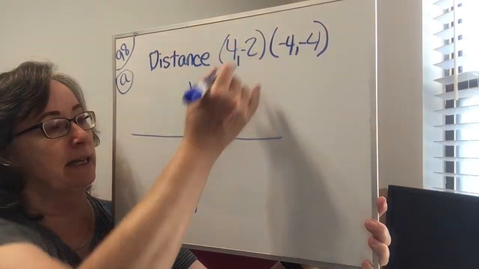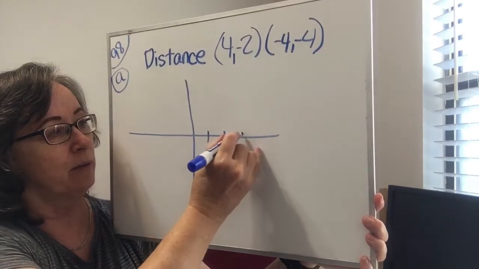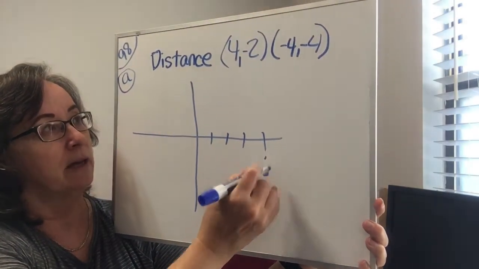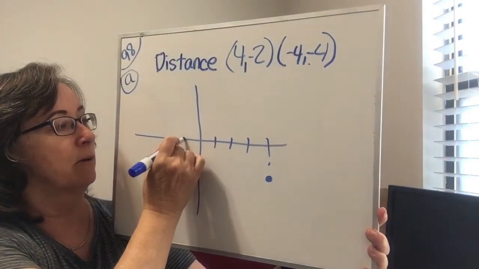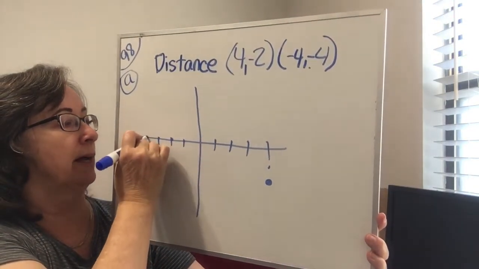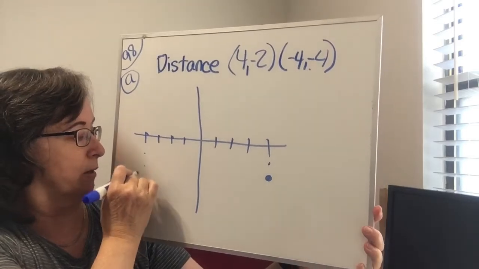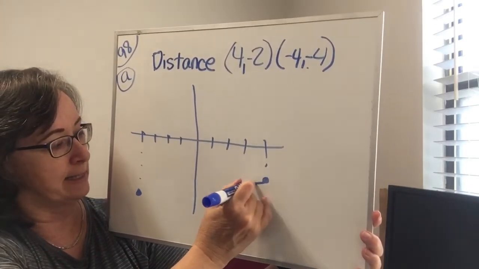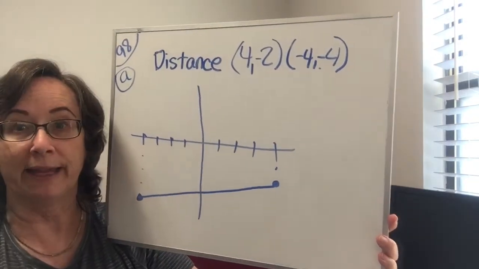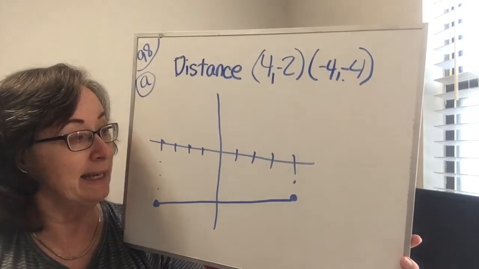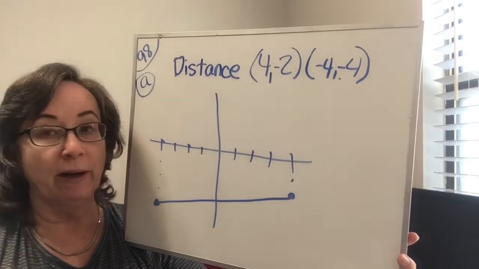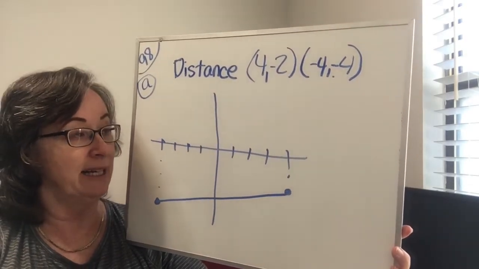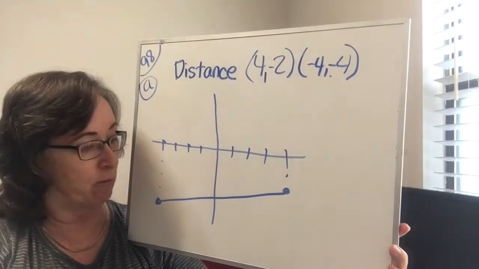So 4, negative 2, 1, 2, 3, 4, down 2, negative 4, negative 4. So 1, 2, 3, 4, 1, 2, 3, 4. So we're trying to find this distance right there. Okay, now again, we're going to make a right triangle, but we don't need to go all the way up to the line to make a right triangle.